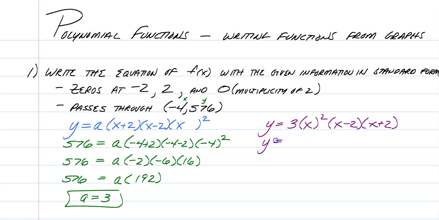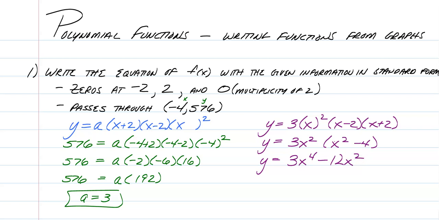So now we have y is equal to 3x squared times, and there's a few different ways you can do this. You can distribute and then FOIL again. If you want, you can FOIL this guy right now and you'll get x squared minus 4. Then you can distribute that and you will end up with y is equal to 3x to the 4th power minus 12x squared. Okay, and that is in standard form.